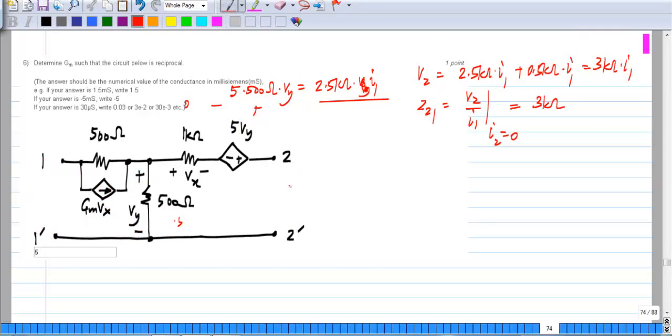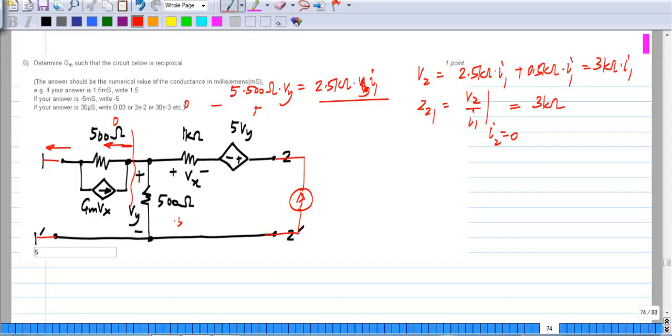Now we compute Z12 by applying a current here and open circuiting port 1. If we open circuit port 1, the current through this branch is 0. That is the combination of these two parallel branches, that is 0. Okay, whatever is coming out of there.